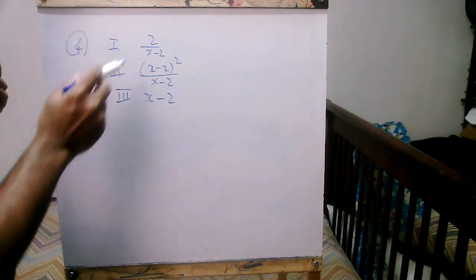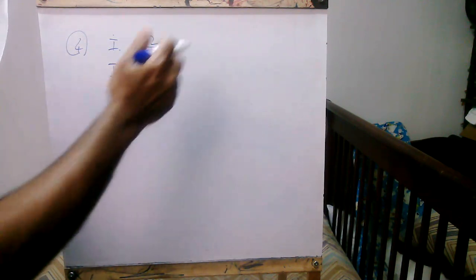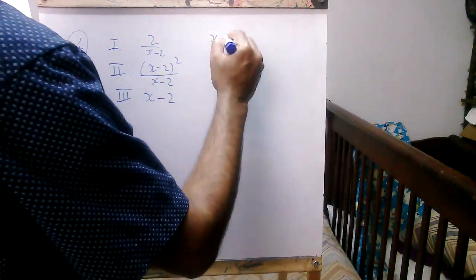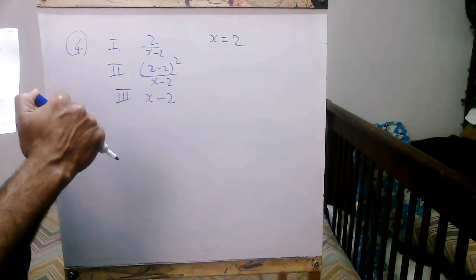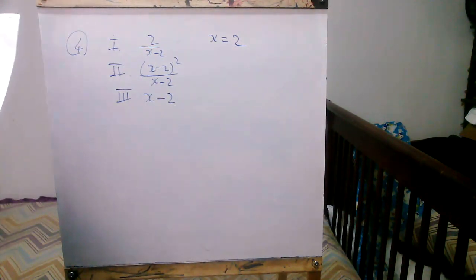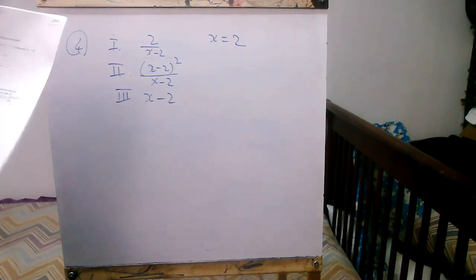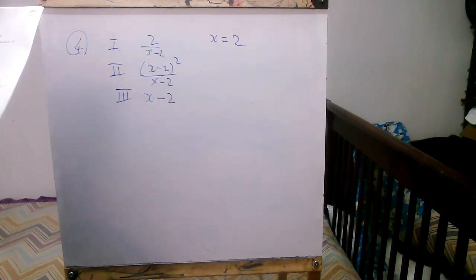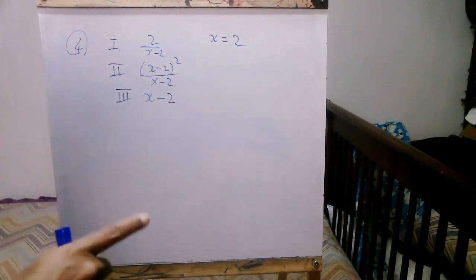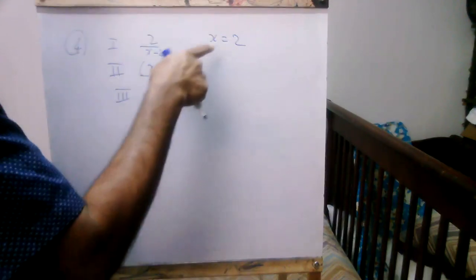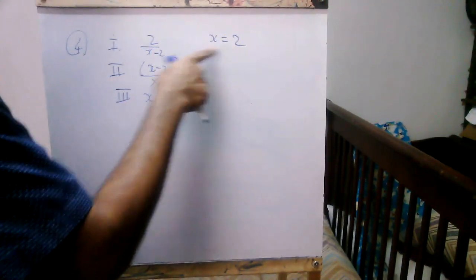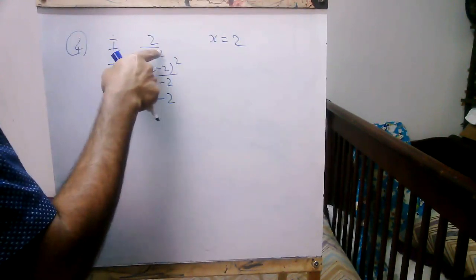Now the question asks, when x equals 2, which one is continuous or which one is not? Read the question clearly. Which of the functions below are not continuous? That means the function should be undefined when x equals 2.